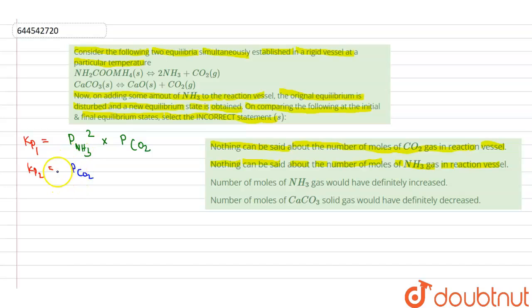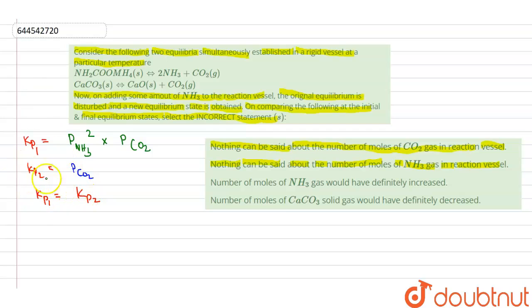Now, at equilibrium, Kp1 would be equal to Kp2. It basically means that at equilibrium, both of these will have the same values.